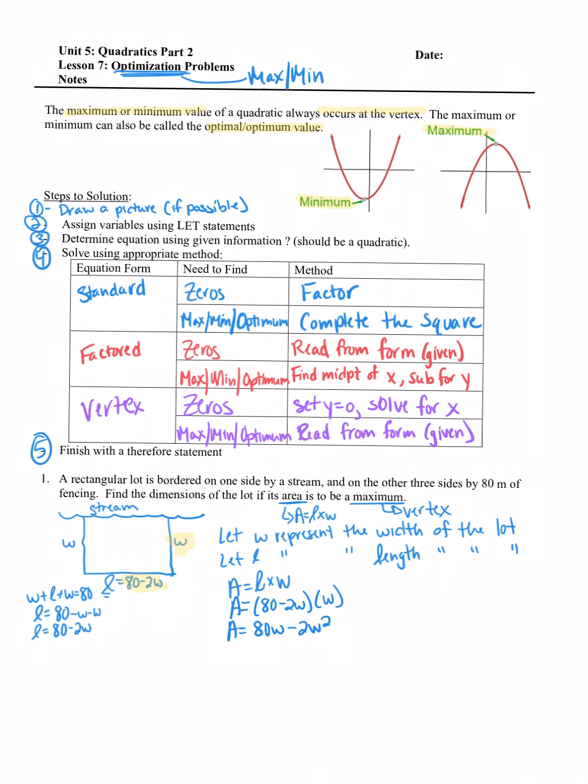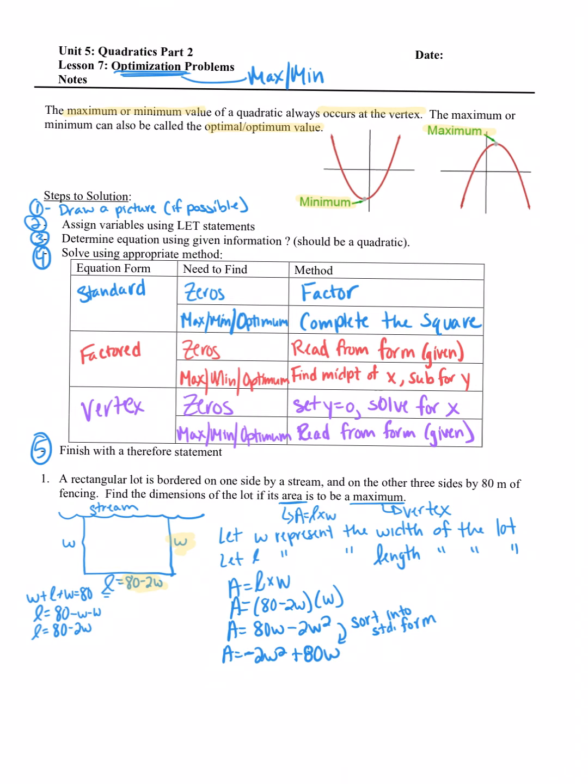So this is starting to look like standard form, but let's just rewrite this so it looks like our normal standard form. And all I mean by that is we'll put our squared term at the front. So we'll have negative 2W squared plus 80W.